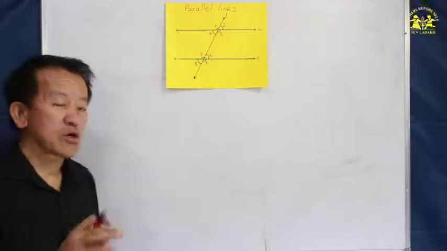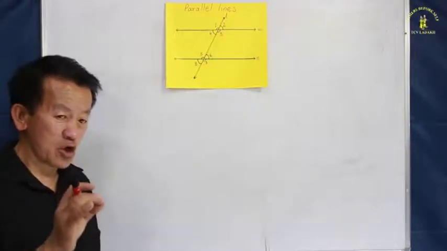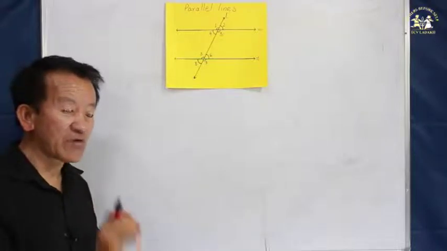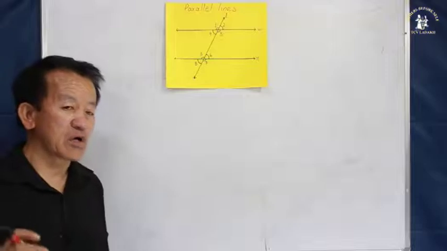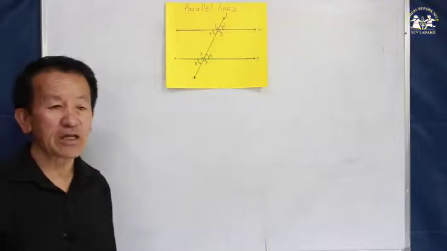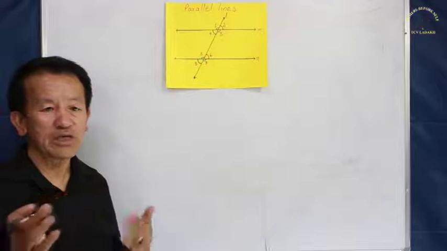When you look at these two axioms, one axiom is the converse of the other, and in every converse statement you will find that the given and the to-prove will change.